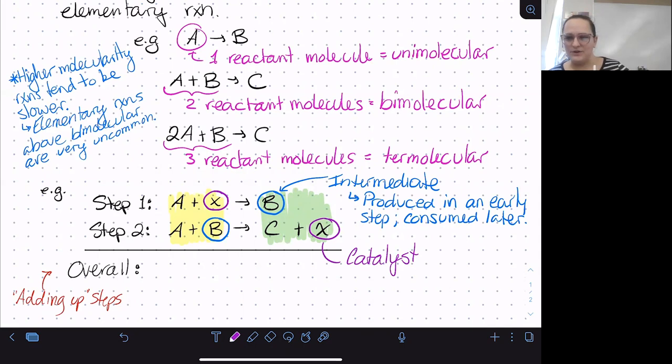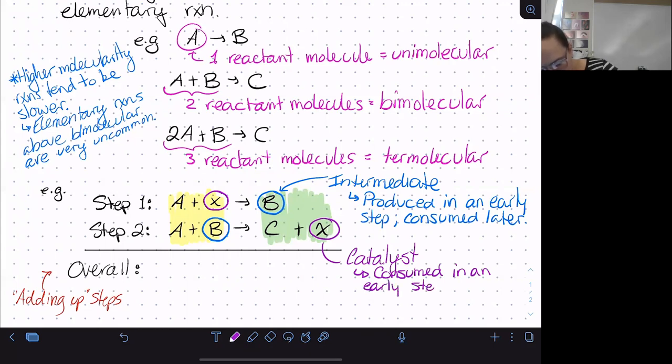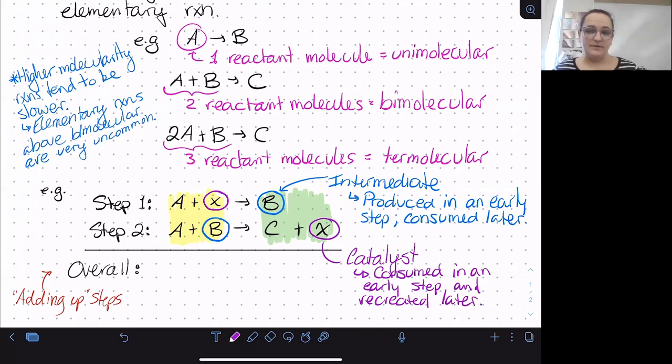It's used up in an early step and then recreated later on. The catalyst is something that is changing or affecting our reaction mechanism in some way compared to what it would look like without the catalyst.